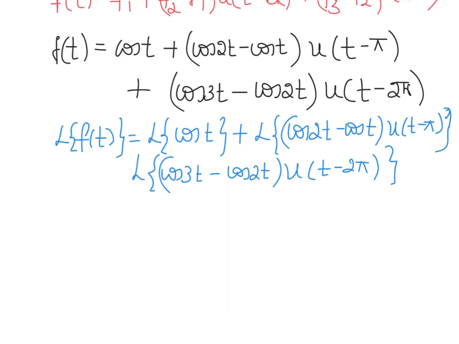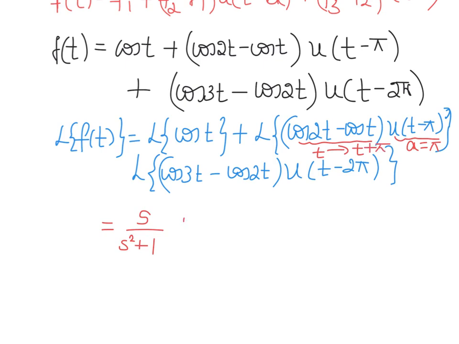Then according to the formula, the first term is Laplace transform of cos t. It is s by s square plus 1. Next we have, this is f of t into u of t minus a, where a is pi. So we should replace t with t plus pi, t plus a, in the function.